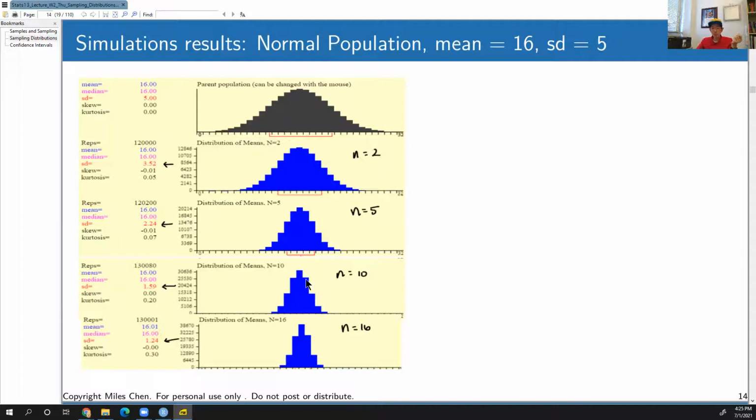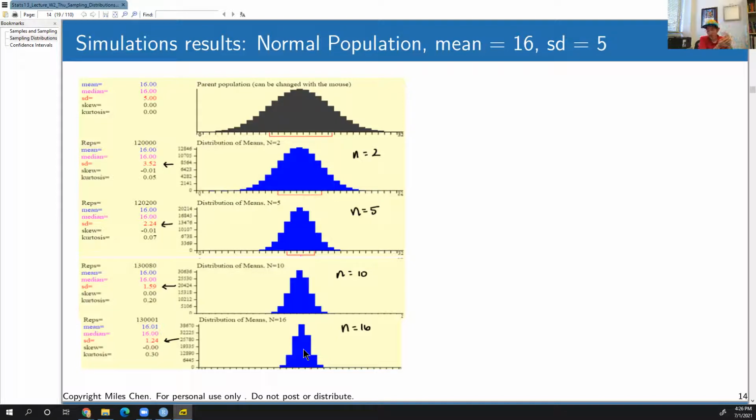But if you take a sample of, say, 16 people, it would be really hard to get all 16 people such that the average of all 16 would have a height that's really high, or really low.